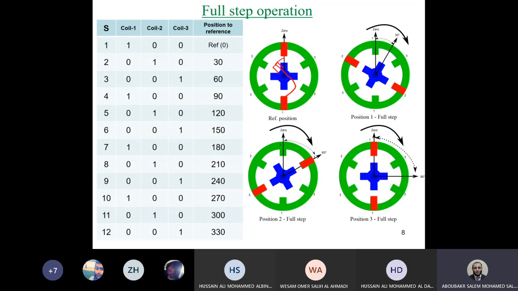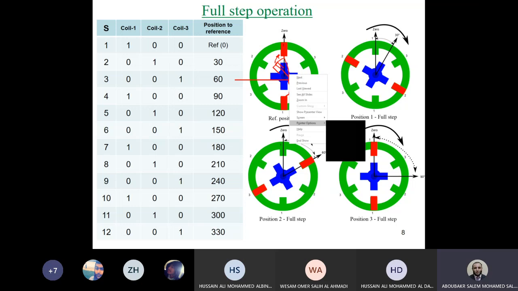Second criteria, all the time flux lines prefer to shorten their path. So it's like an elastic wire. It will try to make the path very short. So it will move the rotor in that direction in order to make the flux lines move in a straight line like that.